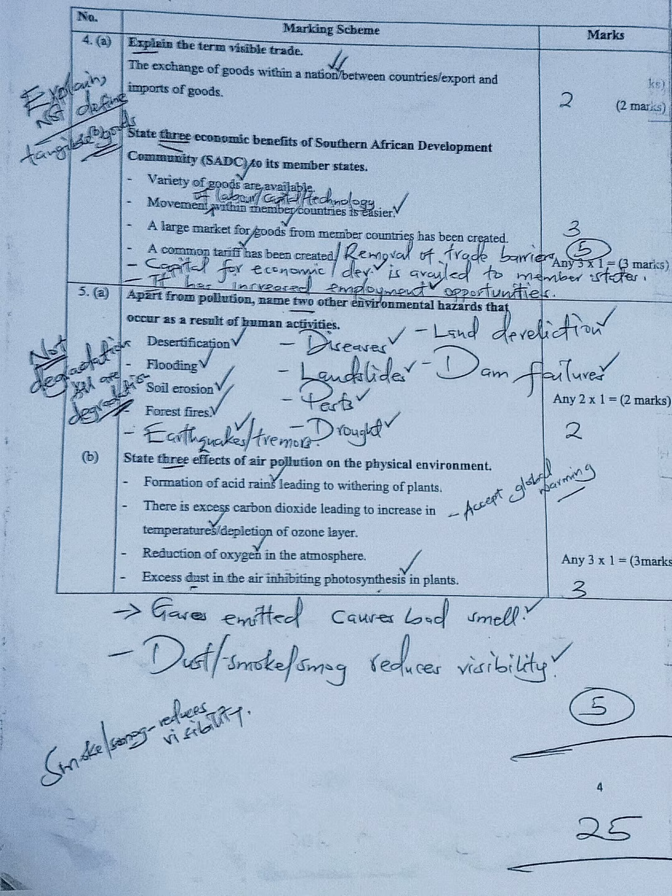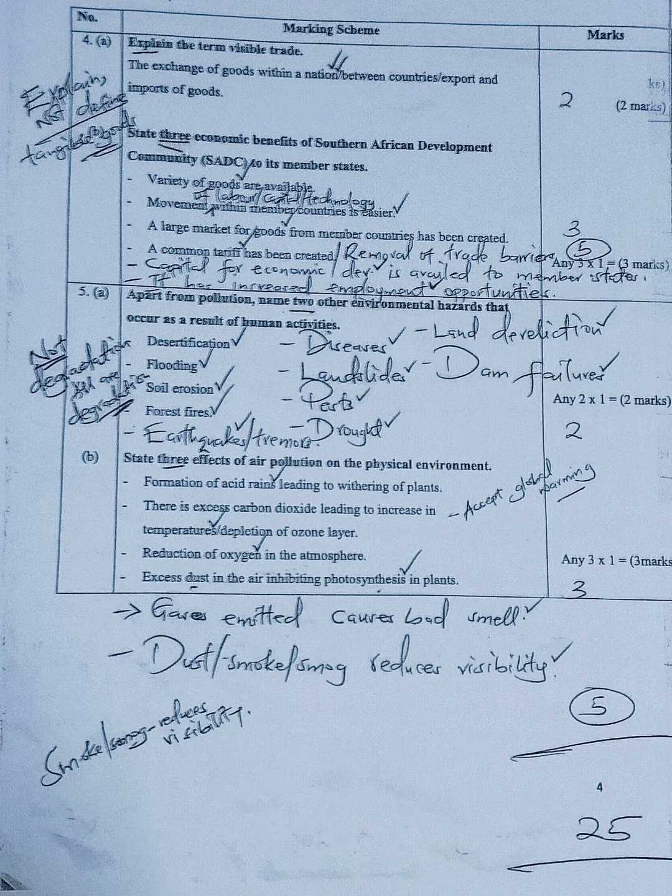Question number 4A, explain the term visible trade. This was a tricky question because we are used to define, but this time now they said explain the term visible trade. And you remember that when you're told to explain, ideally you're supposed to identify the main point and then you elaborate. So now here, how are we supposed to answer this question?